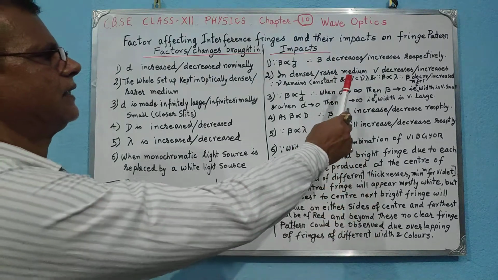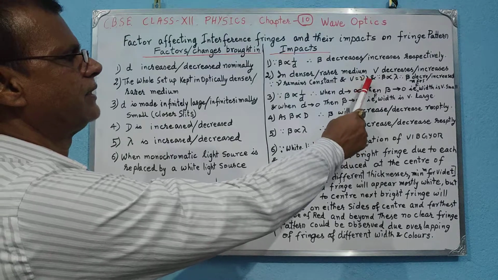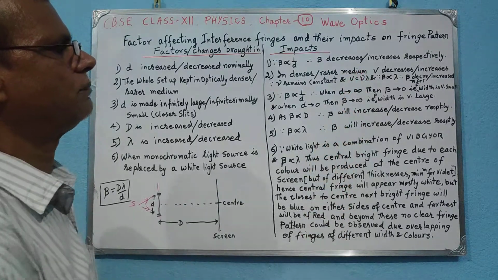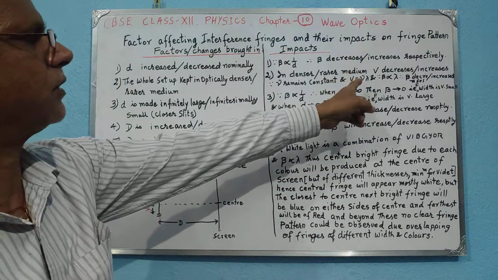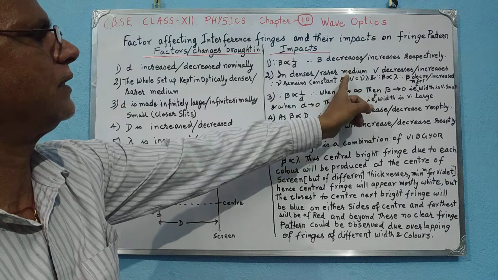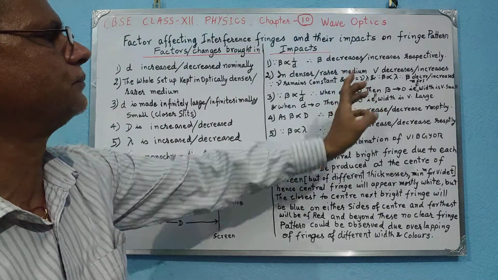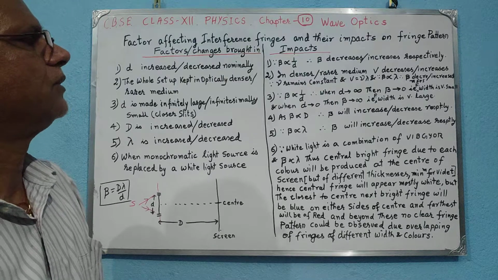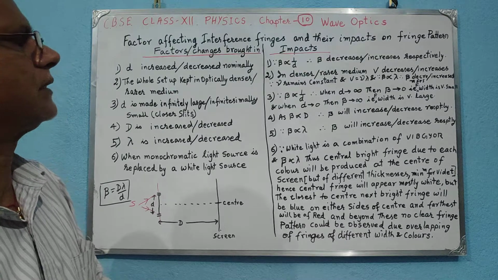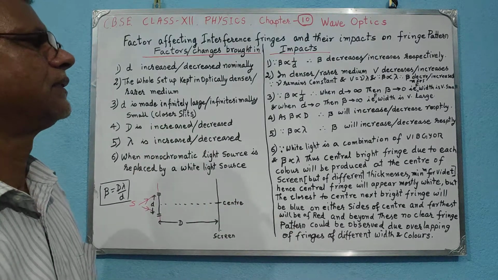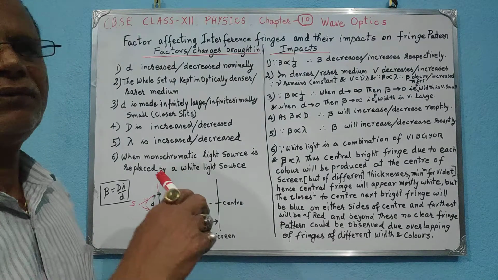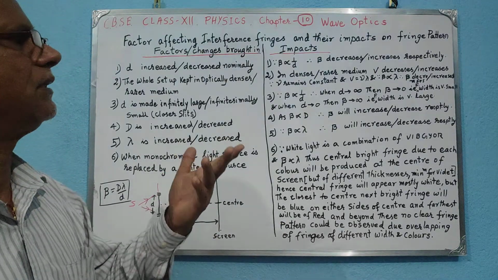The relation for speed, frequency and wavelength is v equals nu lambda, and nu is constant, therefore velocity and lambda have a proportional relation. If the velocity is decreased, lambda will decrease. If the velocity is increased, lambda will increase.